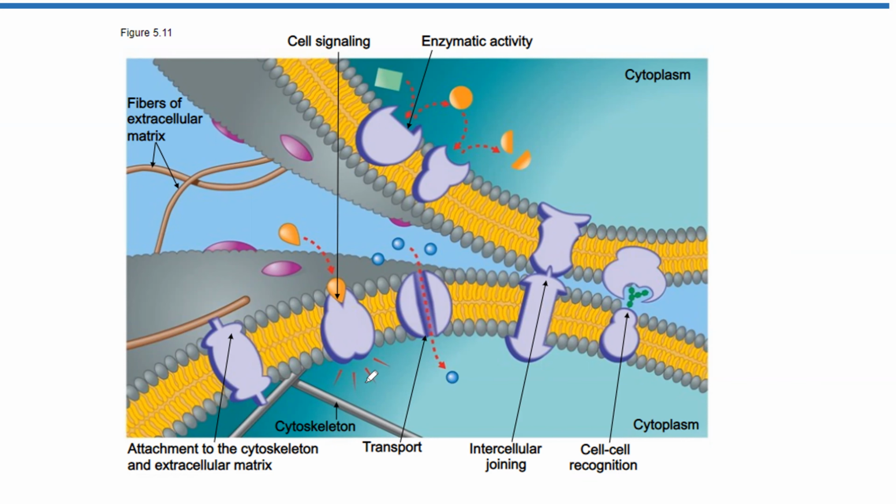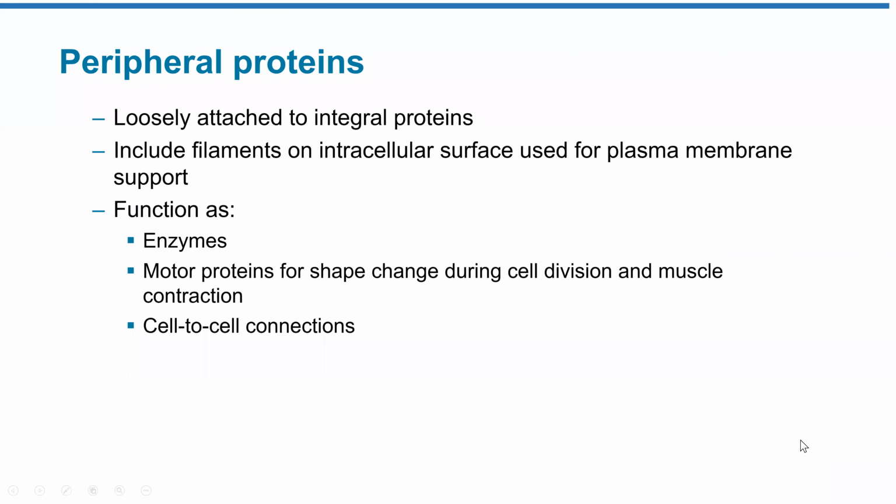Some proteins, peripheral proteins, are not shown over here, but it can be, for example, proteins attached right here or attached to the inner surface of the membrane. Those are going to be the peripheral proteins shown over here.